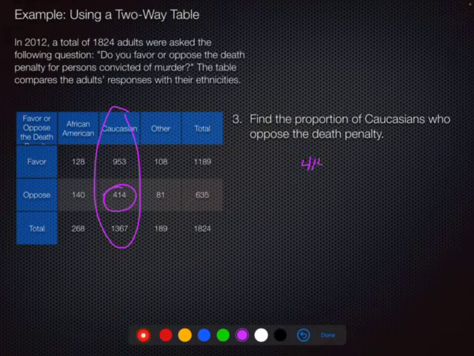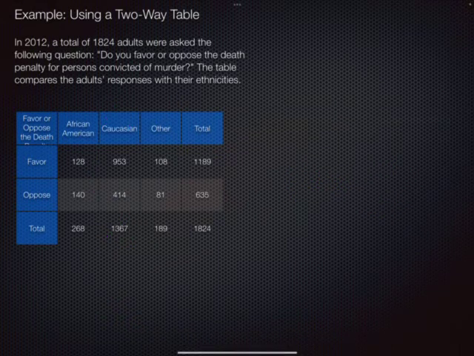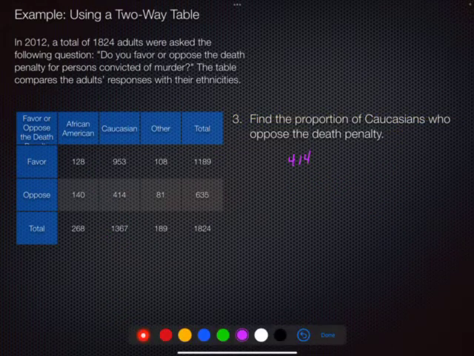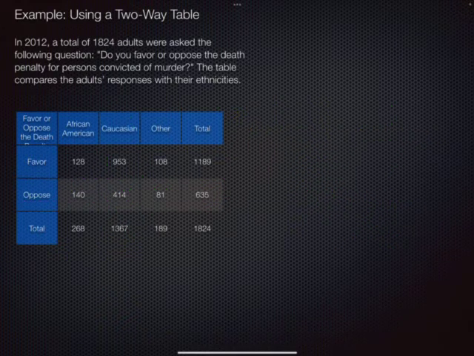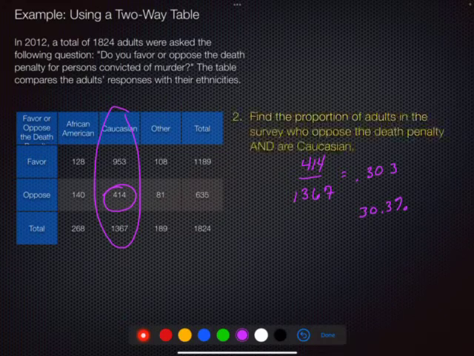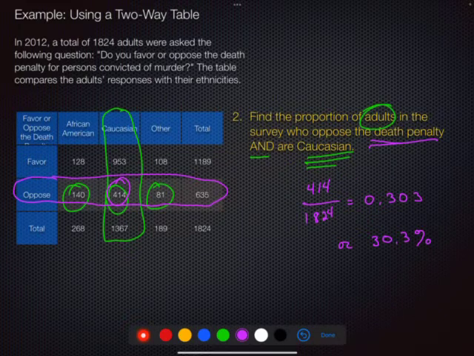Now the total number of Caucasians, which is 1,367. So that's 0.303, or 30.3%. What was my last one? Find the proportion of adults surveyed who opposed the death penalty and are Caucasian.